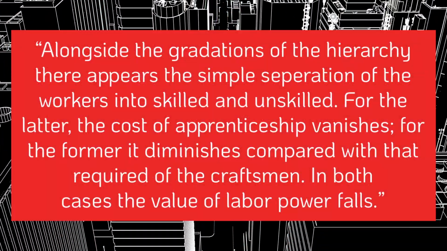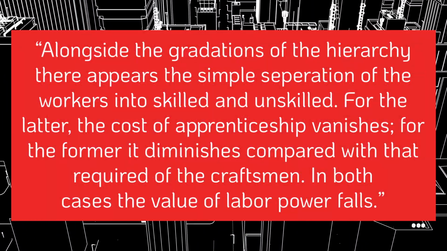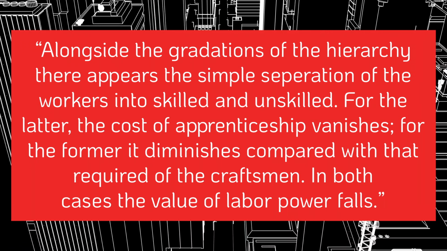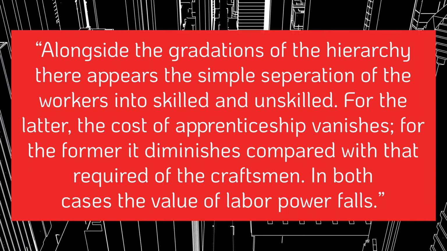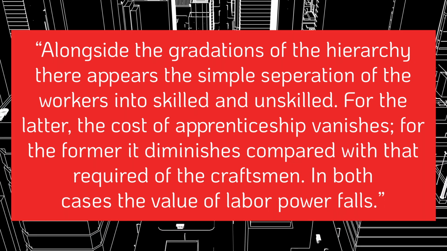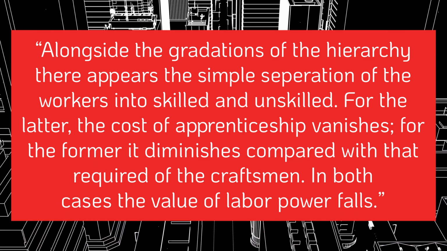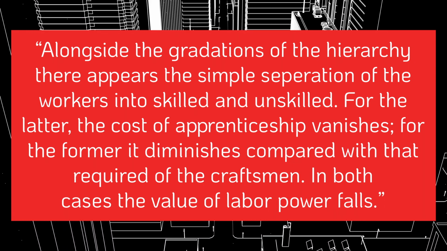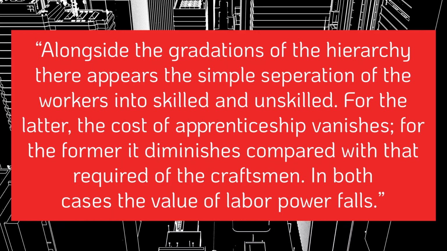For the latter, the cost of apprenticeship vanishes. For the former, it diminishes compared with that required of the craftsman. In both cases, the value of labor power falls. So he talks about how there are different skilled and unskilled labor positions.